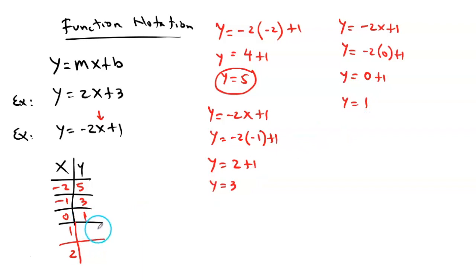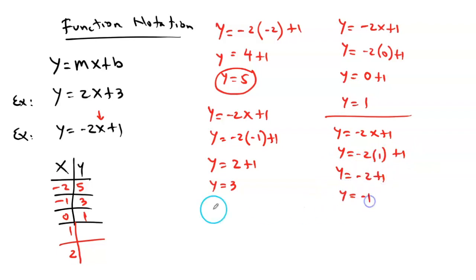Input, output. Okay? The 1 is going to be negative 2 plus 1, which is negative 1. So y equals negative 2x plus 1, replacing the x by 1. Negative 2 times 1 is negative 2, plus 1 gives me negative 1. Right?